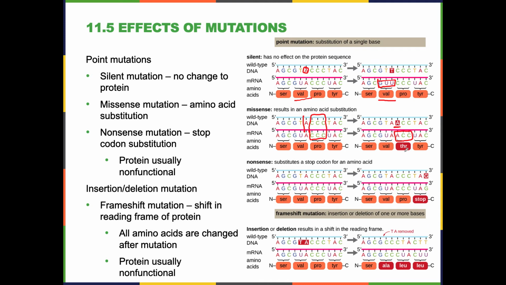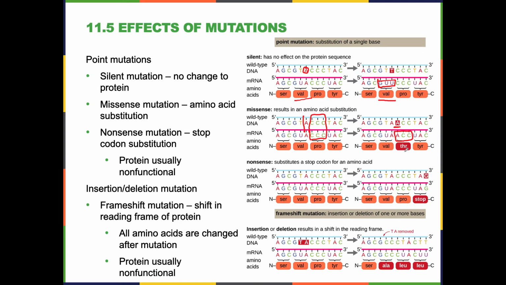Or maybe now, rather than being able to grab lactose as a sugar, all of a sudden we've added the ability to eat, let's call it galactose, or some other sugar, cellulose. So we've now gained this ability. So sometimes they can be good, sometimes they can be bad, and it ultimately depends on the role that this amino acid does, and what effect this new amino acid will have on the protein.